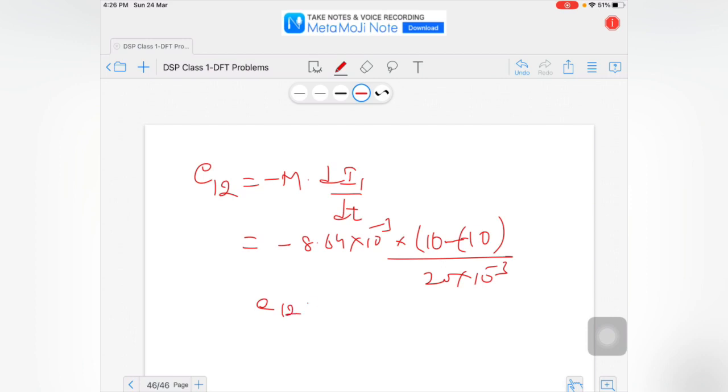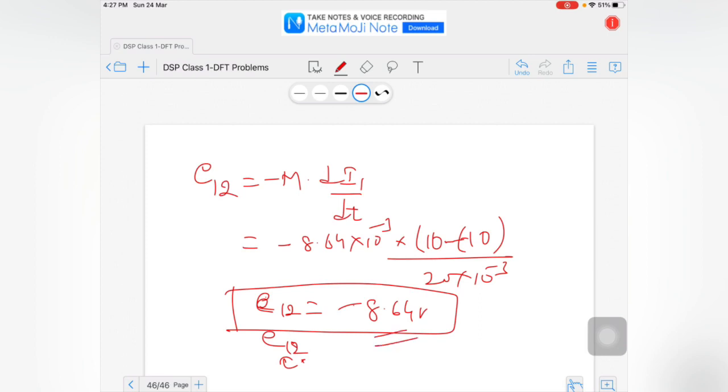Simplify: E12 is the EMF in the second coil due to the rate of change of flux in the first coil, and E12 is minus 8.64 volts. Obviously 8.64 volts is less than 14.4 volts. E1 is 14.4 volts and E2 is minus 8.64 volts. This is the voltage produced in the secondary coil due to the rate of change of flux in the first coil.